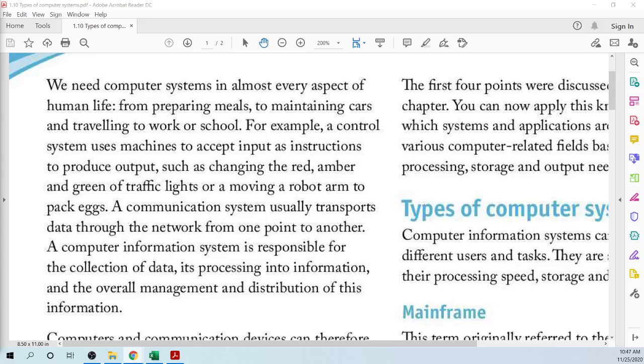Good. You can pause there. So, as I mentioned before, to carry out different tasks, you would make use of a computer system. And these computer systems, the developer would design to suit the need.